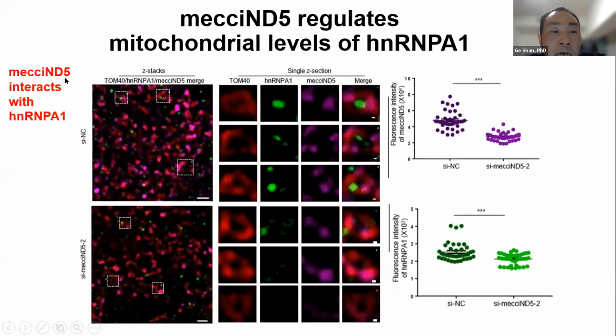Here is another example. The MecciND5 interacts with HMPA1. Similar results: if we knock down MecciND5, the interacting protein decreases inside the mitochondria.